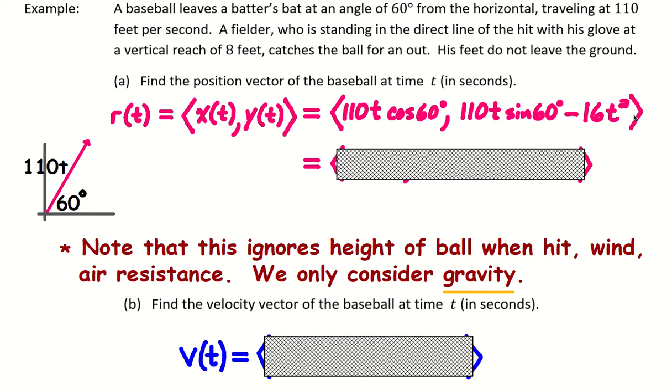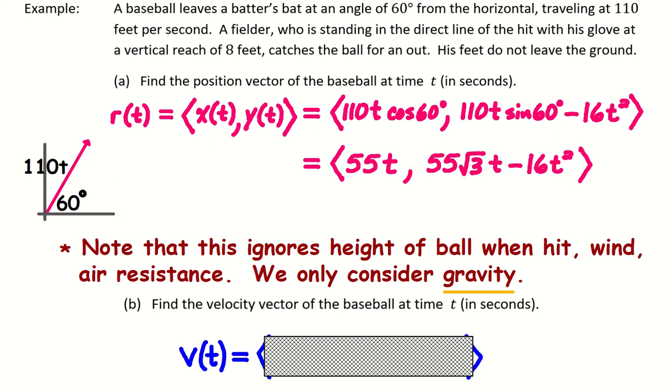But long story short, this minus 16t squared is because of the effects of gravity on this baseball. Then we can clean this up a little bit. What is the cosine of 60 times 110, and so on. So this is the position vector, and that's part A. That's all part A wanted, the position vector.